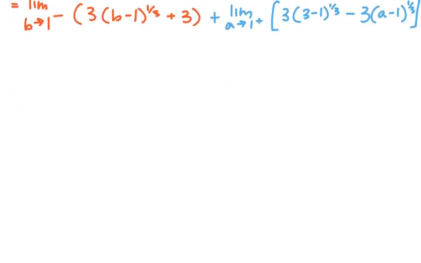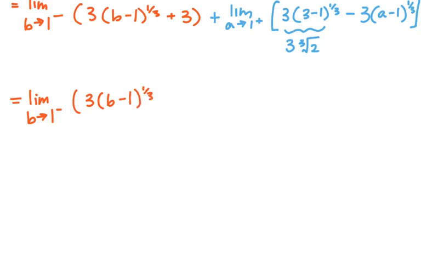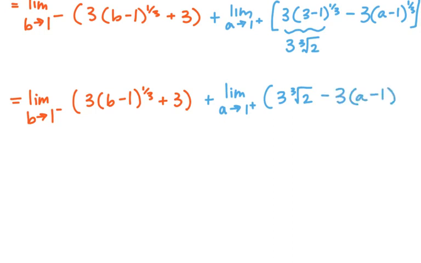As we continue working through this, the first number becomes 3 times the cube root of 2. So I'll rewrite what we're dealing with. We're dealing with the limit as b approaches positive 1 from the left of 3 times (b minus 1) to the 1/3 plus 3, plus the limit as a approaches positive 1 from the right of 3 times the cube root of 2 minus 3 times (a minus 1) to the 1/3.